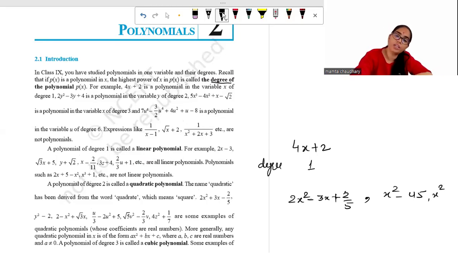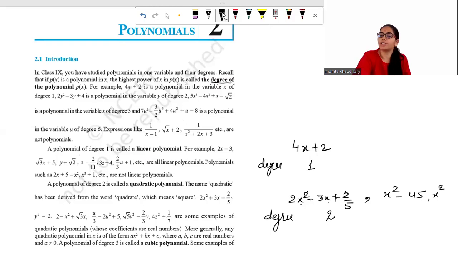Here I have a variable with power 2. Here a variable with no written power means power 1. Here no variable means power 0. So what is the highest power here? 2. It means the degree of this polynomial is 2.